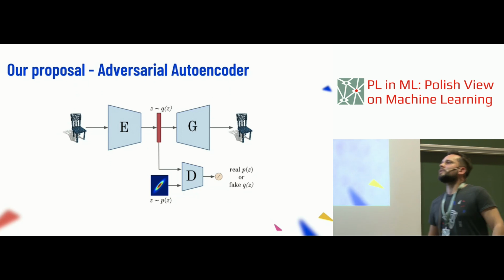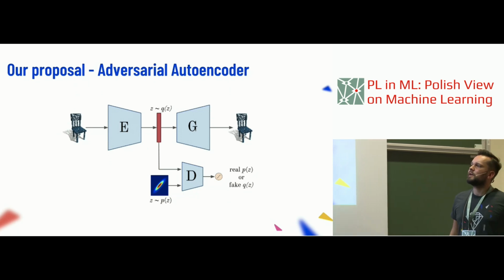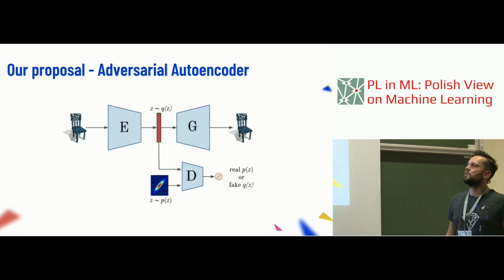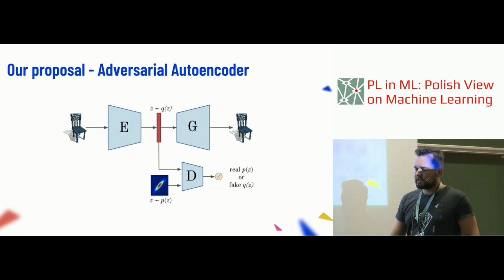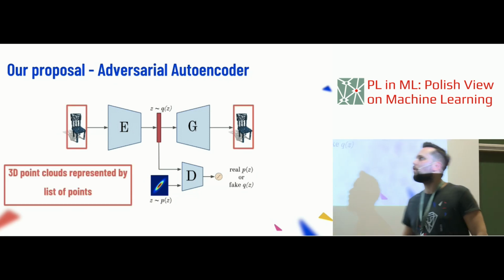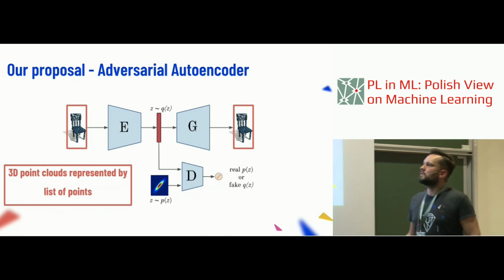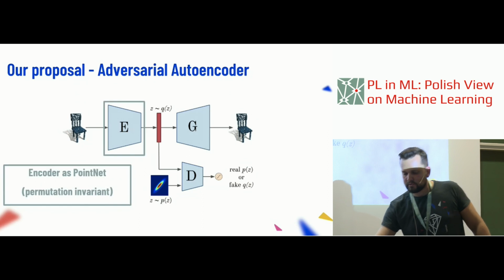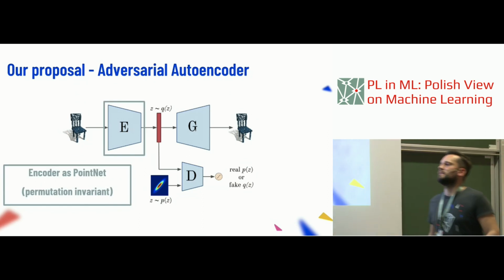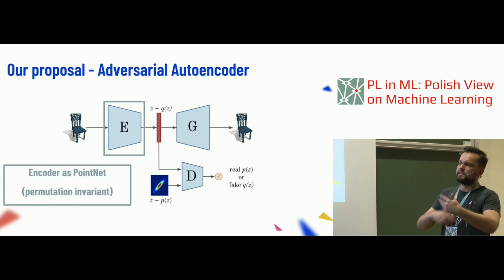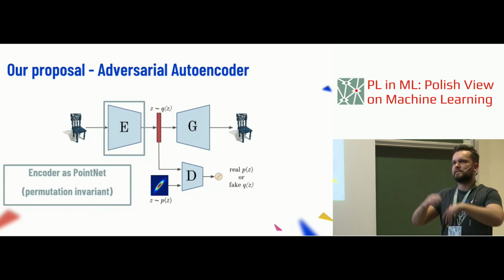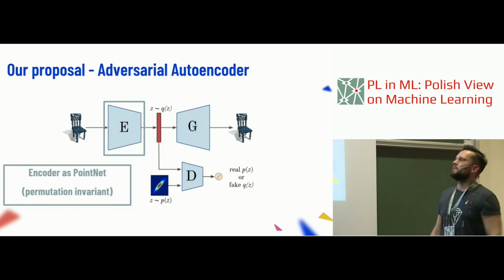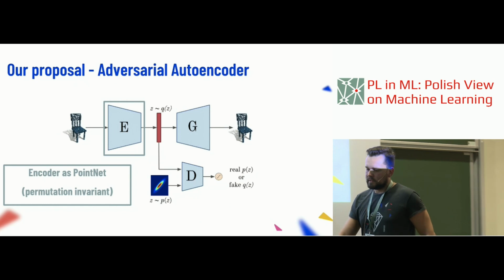So the architecture of our autoencoder is as follows. We represent the input point clouds as a list of points, and we make use of PointNet as an encoder because it's permutation invariant, so we can easily permute the list of points on the input and the output of the network remains unchanged.